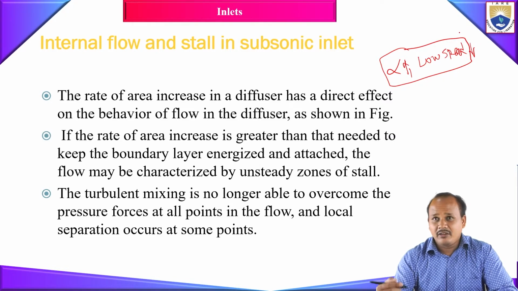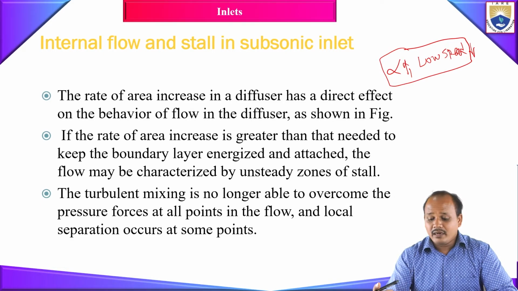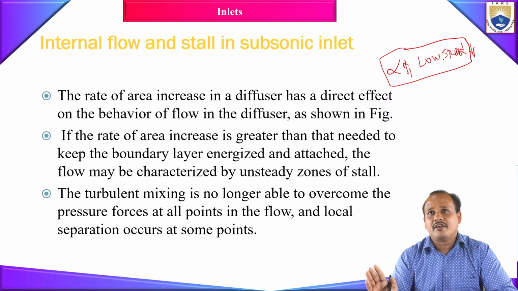During this time only, in your airfoil also you will have the flow separation problem, right? So here, similarly, we will have this high angle of attack and low speed operation, basically during your takeoff as well as during your landing. Especially during takeoff, your velocity is very low and your angle of attack is high. That's the time flow separation happens in your airfoil or wing.